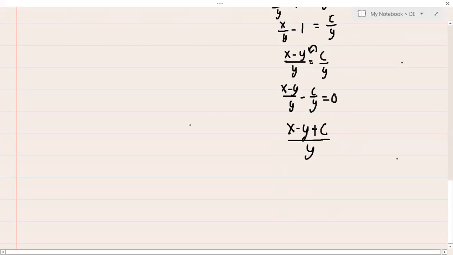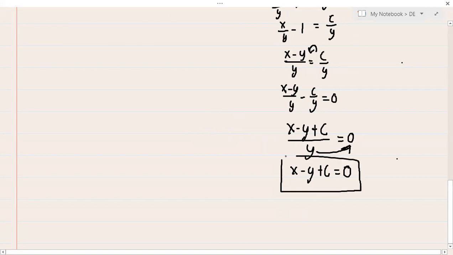Remember na negative c, which is the same as negative 1 times c. And if you're going to multiply any constant term by c, the answer is still c kasi arbitrary constant siya. Okay? So yun. Tapos i-multiply mo lang tong si c kay 0, magiging c kay 0. Itong si denominator ng y kay 0, magiging x minus y plus c is equal to 0. So yun yung final sagot mo, di ba?